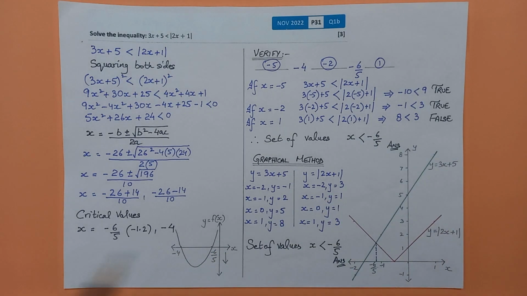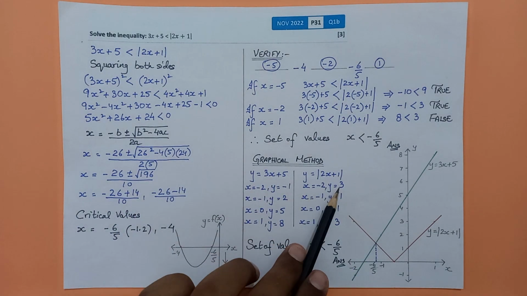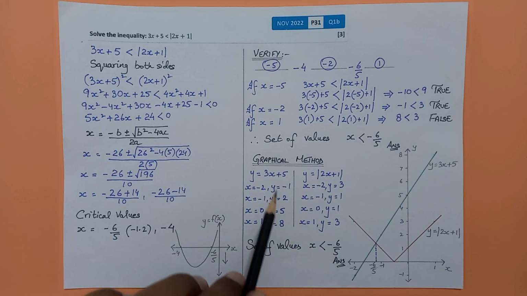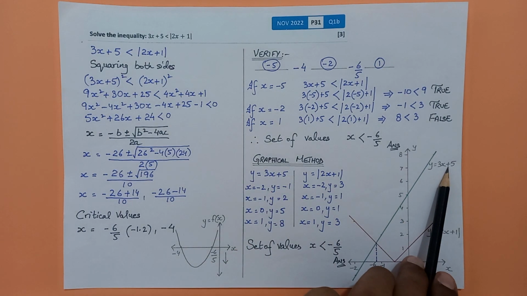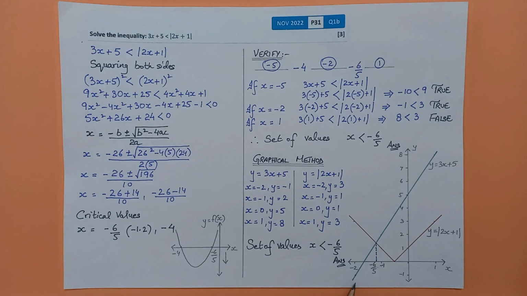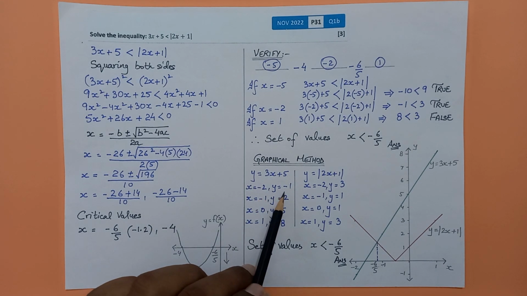If we draw the graph of these two, it is observed that they are straight lines, first of all, because definitely they are linear lines. Secondly, this graph y is equal to 3x plus 5 is basically this line, which is drawn in green color, and definitely over here there is no modulus sign. You can see the graph is also drawn below the x-axis, because we could have a negative value, as we can see when we took x as -2, we have y as -1.